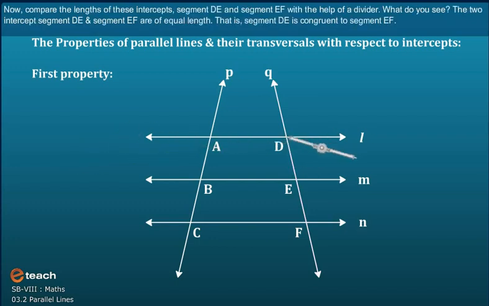Now compare the lengths of these intercepts, segment DE and segment EF, with the help of a divider. What do you see? The two intercept segments DE and segment EF are of equal length. That is, segment DE is congruent to segment EF.